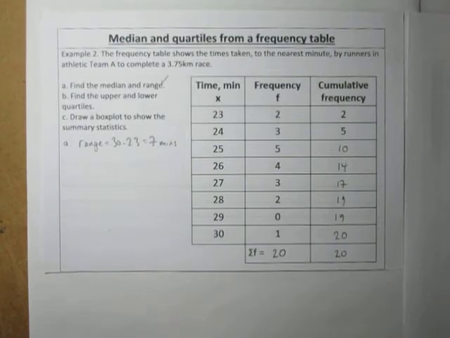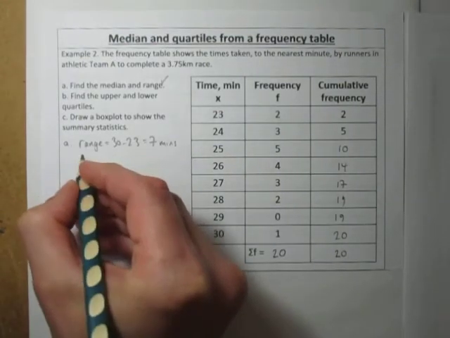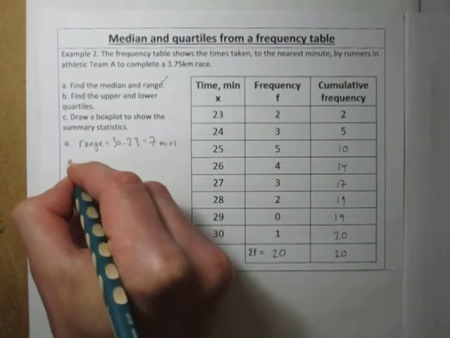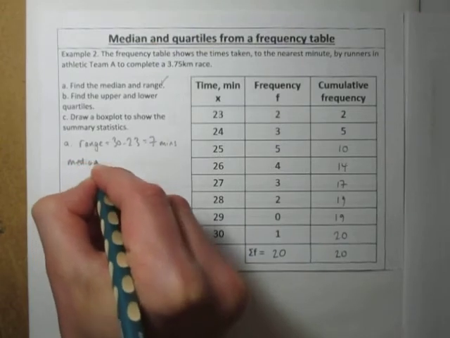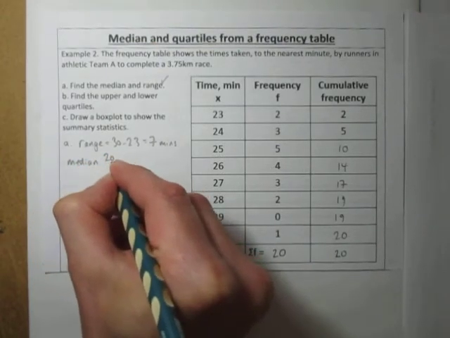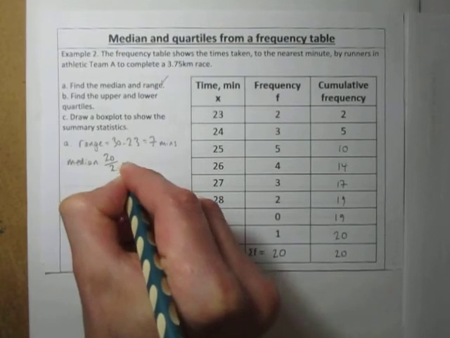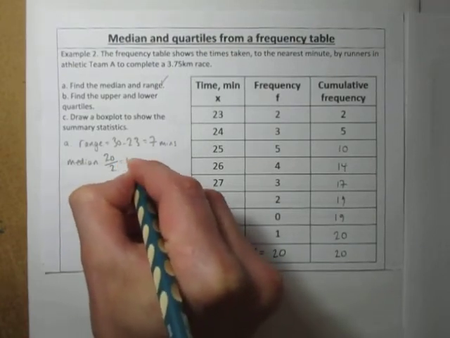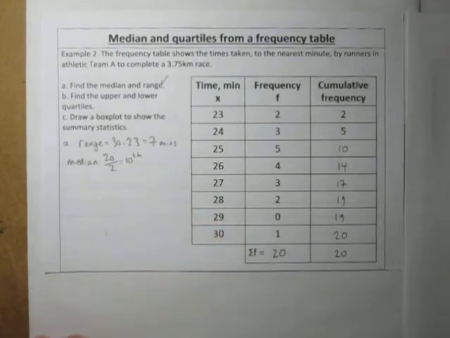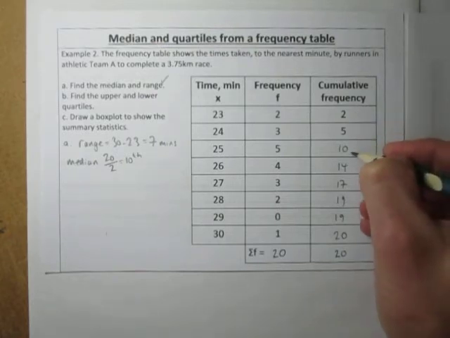Well, I'm also asked to find the median. Now there are 20 values here. So for the median, I would expect the median value to be 20 divided by 2. It's going to be the 10th value. Okay, so where does the 10th value occur? The 10th value occurs right here.